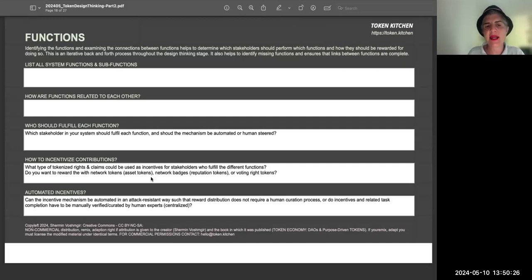So incentives can be automated or non-automated. The big art of decentralization is to automate it. I doubt that we can fully automate everything, so we will have non-automated parts as well.